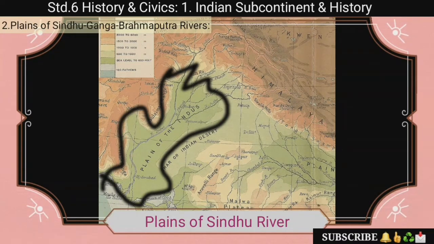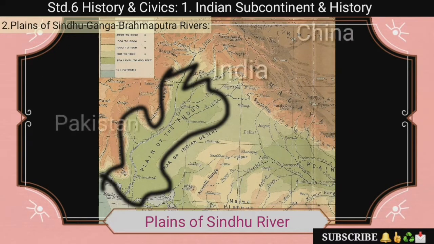Transboundary means that it crosses at least one political border, either a border within a state or an international boundary. So the Sindhu river crosses China, India, Pakistan and it empties into the Arabian Sea. So, it has big plains.